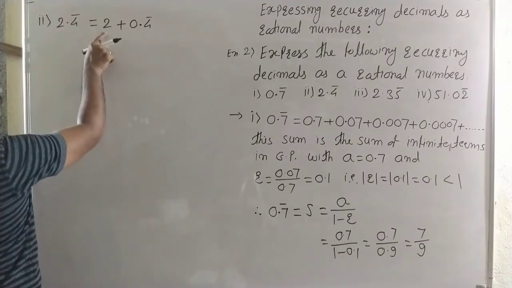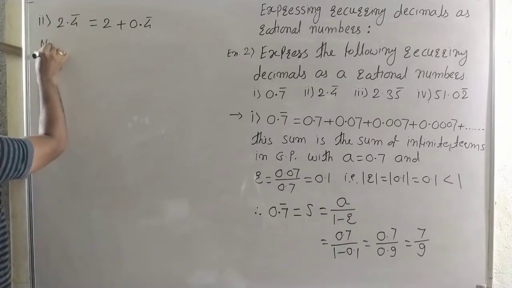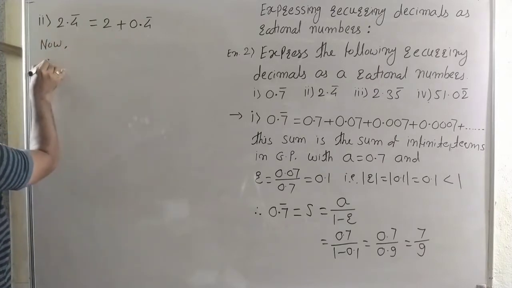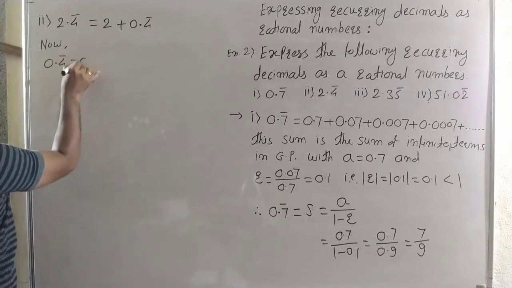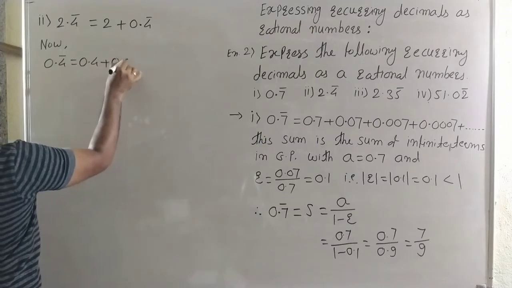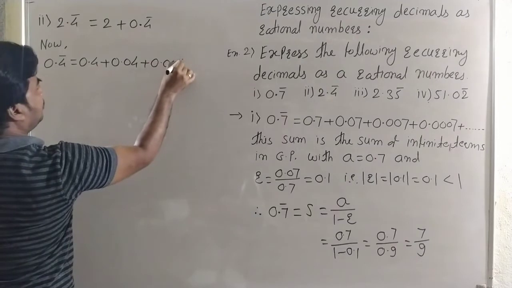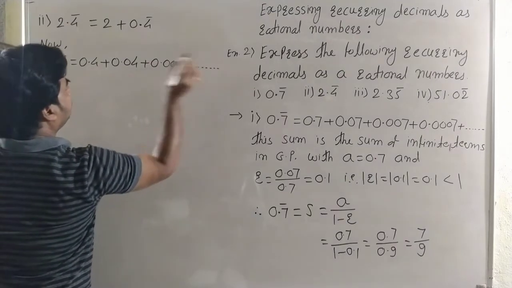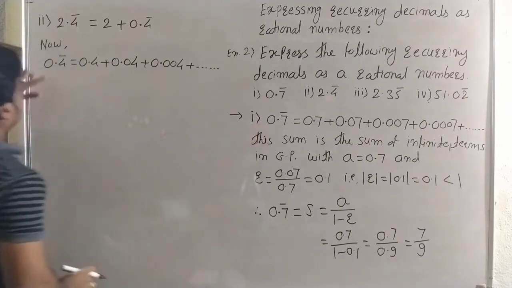Here first we find the value of 0.4 bar, which is equal to 0.4 plus 0.04 plus 0.004 plus and so on up to infinity. Okay, here like that.